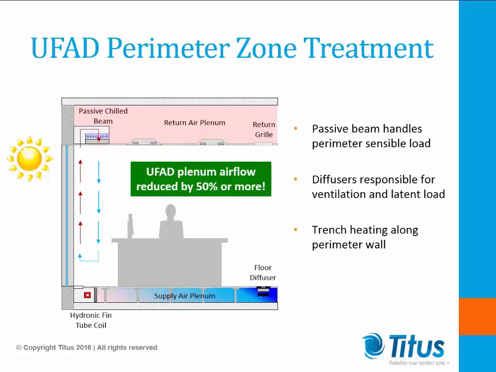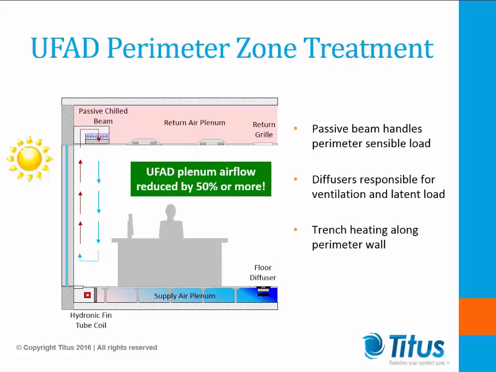This slide illustrates the use of a chill beam or passive beam above the window to treat the building skin cooling loads. The beam is placed parallel and adjacent to the perimeter window wall. Warm air from the glazing rises and is captured in the beam's enclosure, where heat is removed and the cool air drops back into the space.